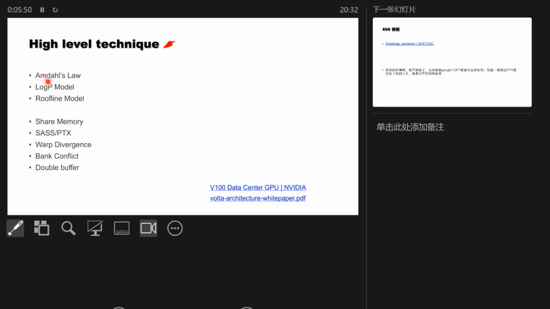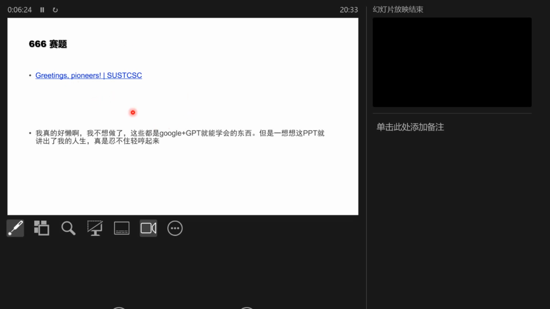And I haven't talked about more of the high-level techniques here, since I think this computation would help you to learn more about these techniques, like using the shared memory in GPU, solving the warp divergence and warp bank conflict, and also trying to use some technique like double buffering. To learn these things, you can refer to some of the white paper architecture documents and some of the blogs on the internet. And I think you will benefit a lot from your technique and your learning.